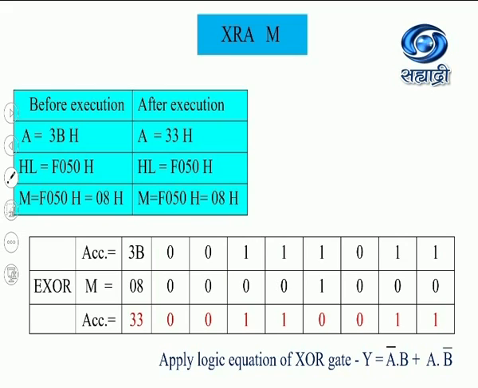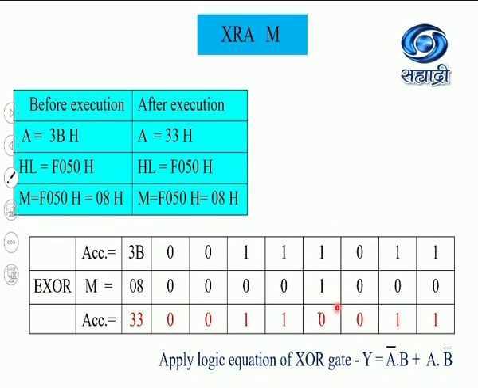We have to apply this equation to bits in the data. Basically, in XOR gate, when two inputs are dissimilar, output is 1, and when two inputs are similar, output is 0. So here 1 XOR 0, output is 1 because two inputs are not same. Here also output is 1. 0 XOR 0, two inputs are same, output is 0.